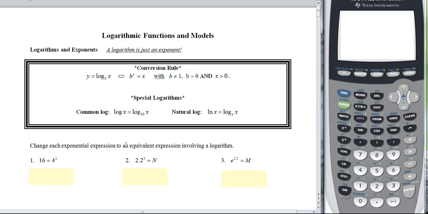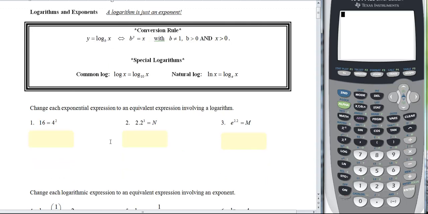So the first thing you're going to have to do with logarithms is be able to go from one version to the next. So change each exponential expression, notice all I have is exponents down here, to an equivalent expression involving a logarithm. So the first thing normally I do is I get my exponent, so my exponent equals log, pull my base, and equals my number.